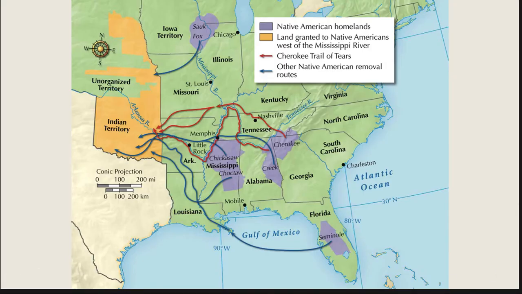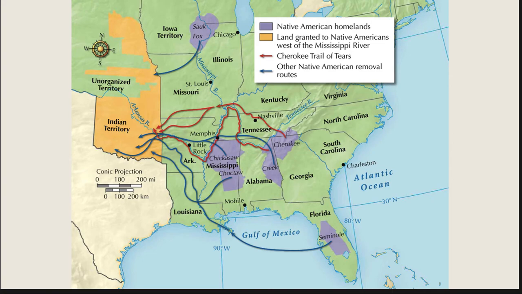Now, to be clear, to look at this map to see exactly where we're moving from, these are the trails that we are walking. The red trail is the Cherokee Trail of Tears. So you're walking from Georgia to the Indian Territory, which is modern day Oklahoma. This is hundreds of miles, okay?